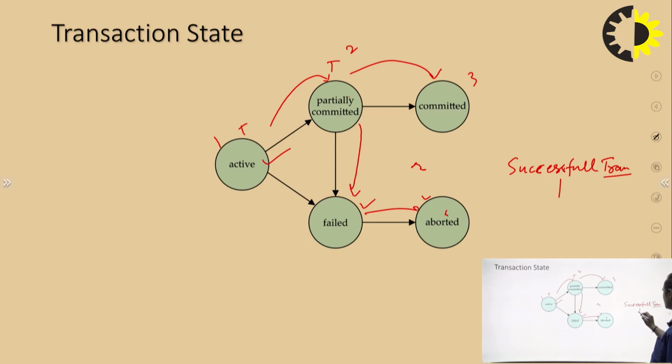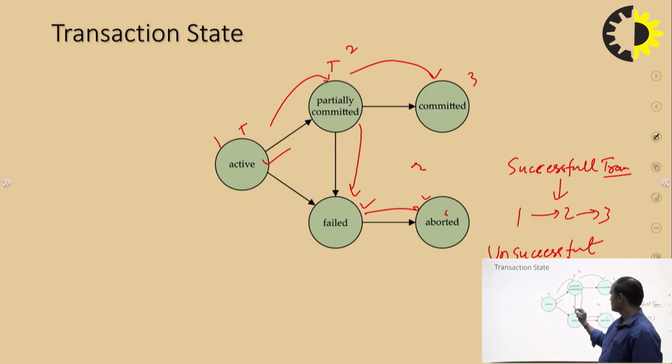For a successful transaction, we go through 1, 2 and 3. For an unsuccessful transaction, we go through 1, 2, 4 and 5. These are the basic differences in transaction states.